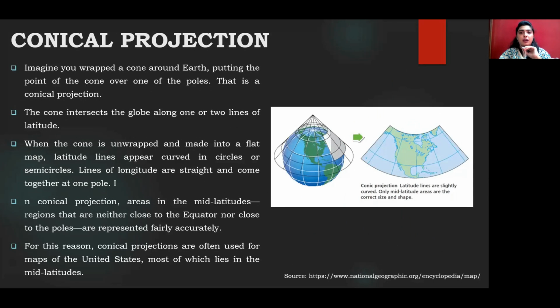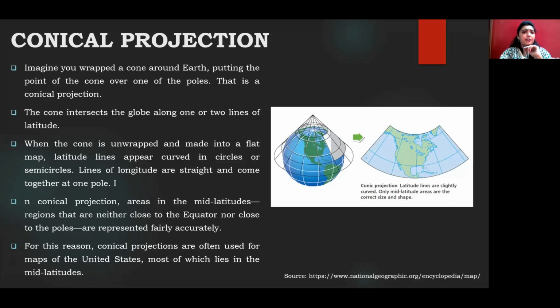Conical projection is the same kind of thing with a cone. Construct a paper cone and put that paper cone on the globe. All the area that actually touches the paper will be properly represented.